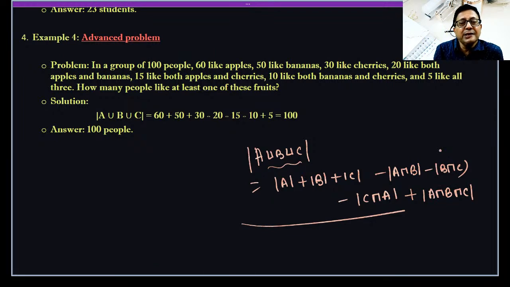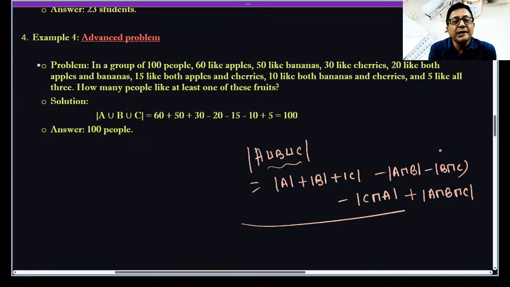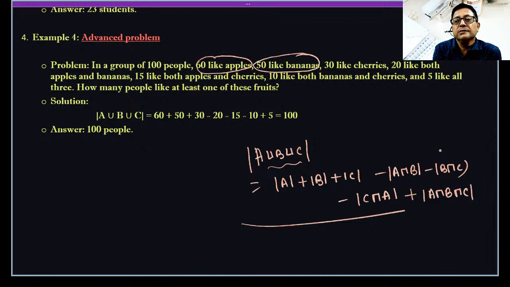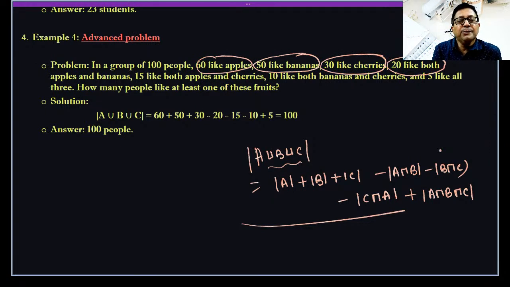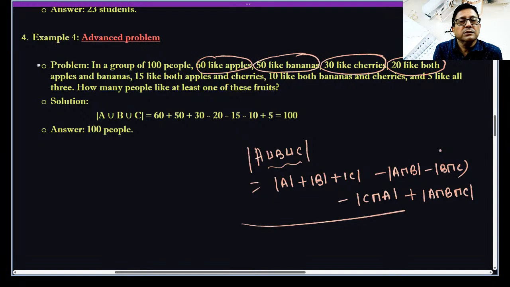So that's why we have taken this stands for A, 60. This one 50, this one 30, 20, 15 like both. 20 like both apple and banana, 15 both apple and cherry, 10 both this and this, 5 like all 3.